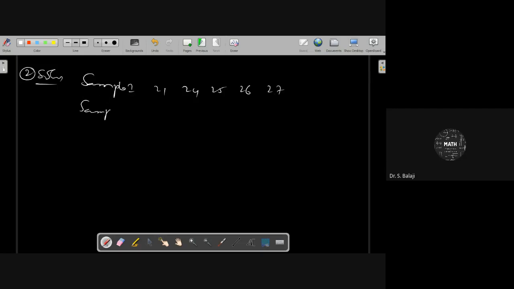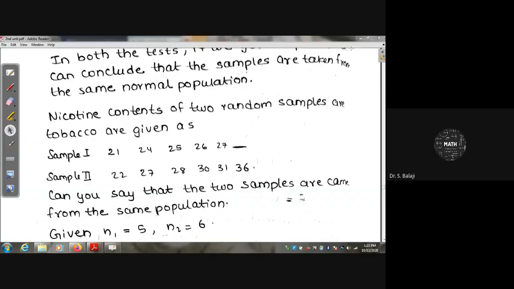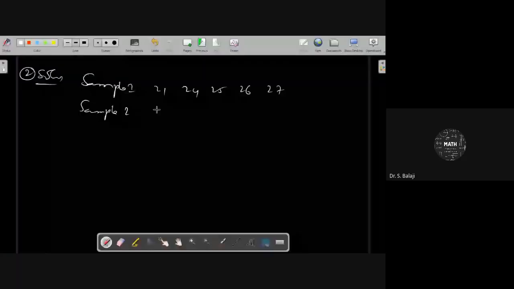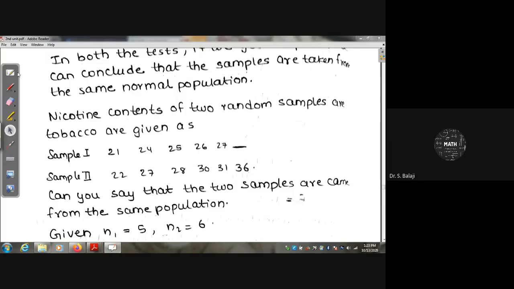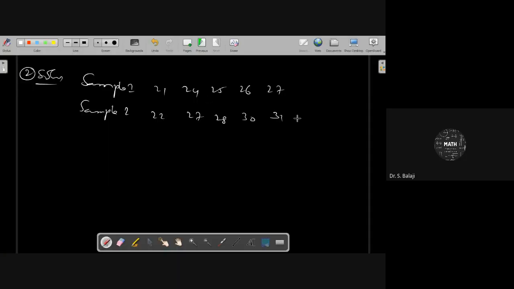And sample 2: 22, 27, 28, 30, 31, 36. In the first sample you have 5 items, n1 equal to 5.